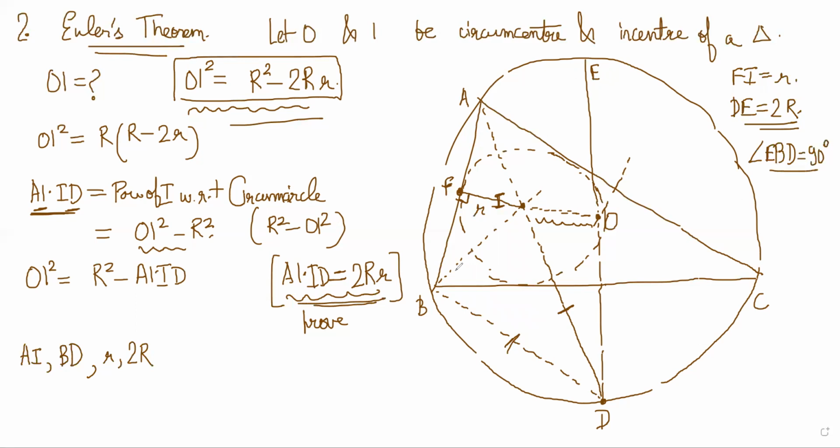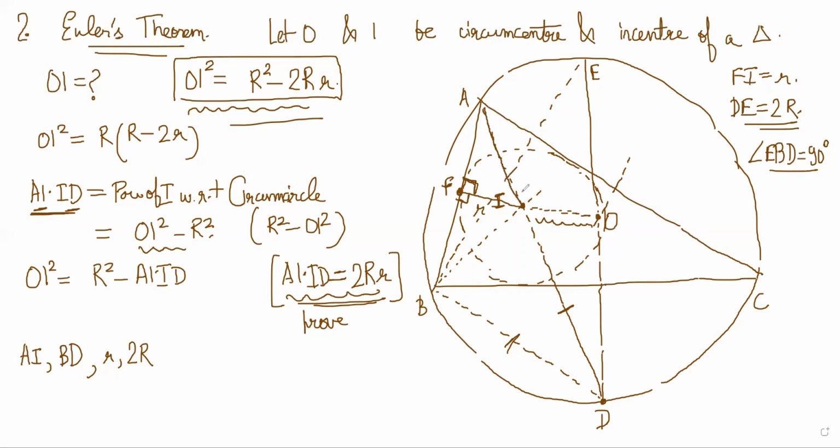Because angle in a semicircle, if I join this, right? Like this. So now we have IFA, this angle is also 90. And so obviously there is a right angle triangle AIF and there is a right angle triangle EBD, right?